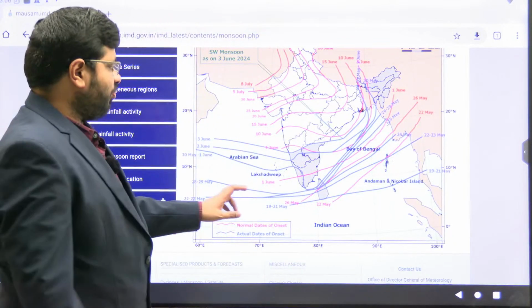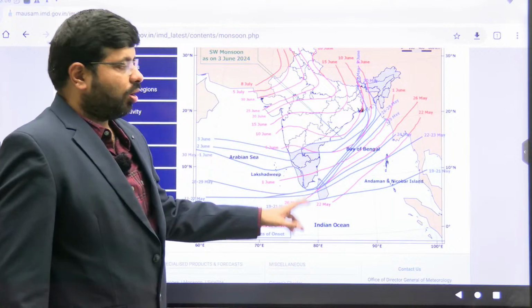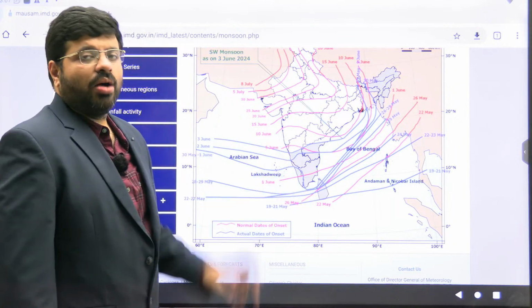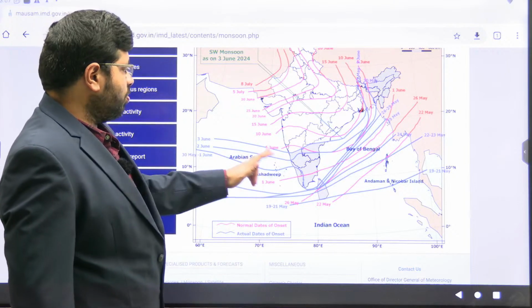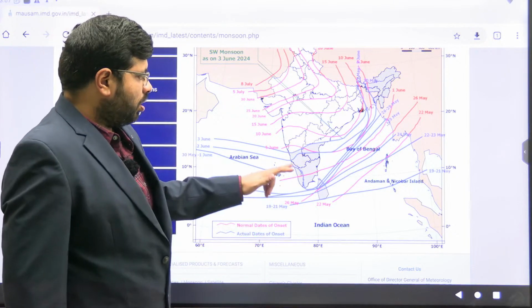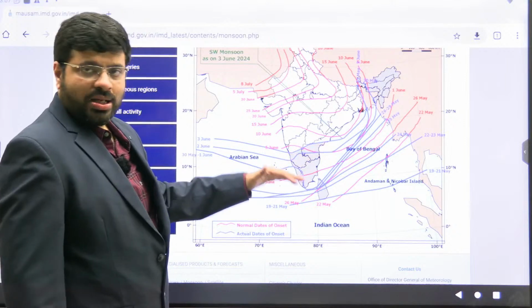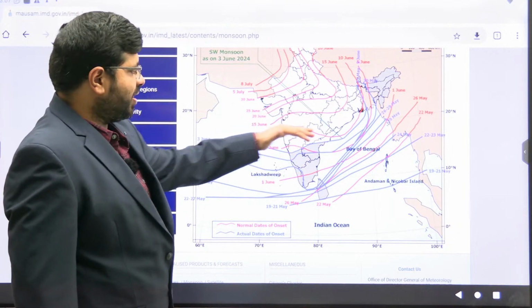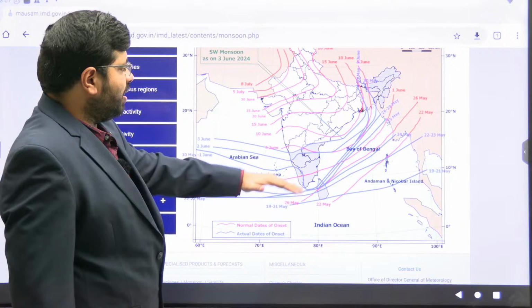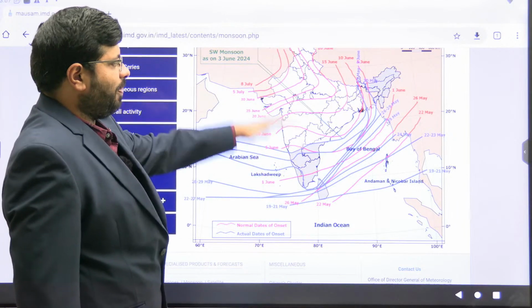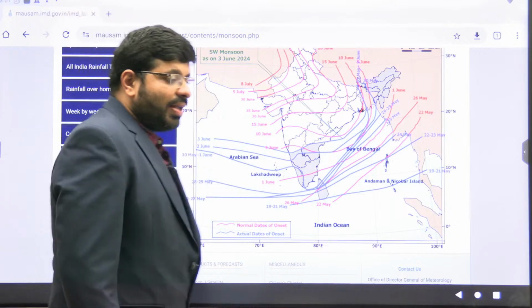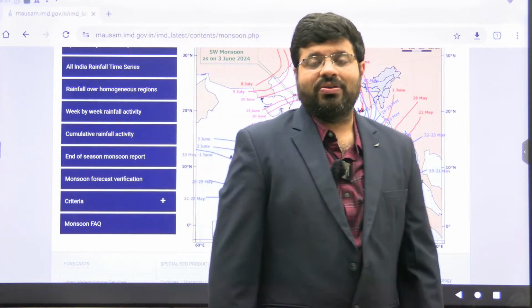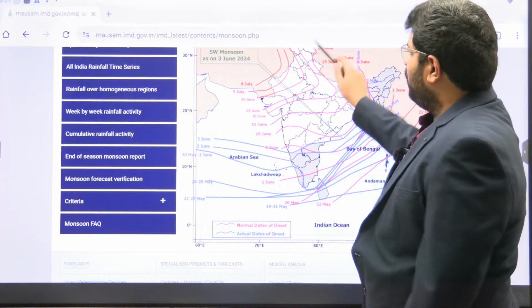The actual date of onset, the red color ones talk about the actual onset, and now we are on June 3rd. So slowly it has reached almost to places like Karnataka and Andhra Pradesh, and by 4th and 5th it will reach Telangana, and slowly it will go towards the entire parts of India as per the dates mentioned. So by around early July, it will cover the entire India.